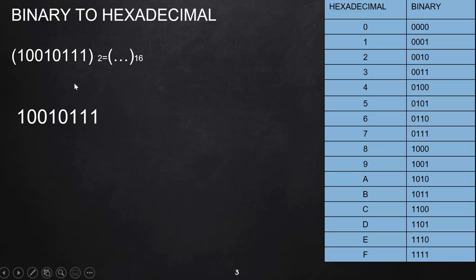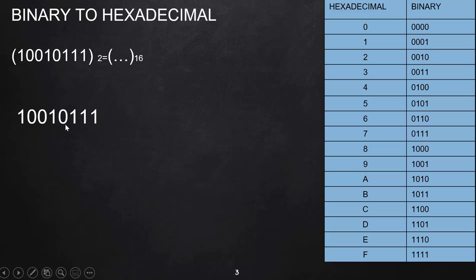Okay. So the first task is to group this number. In this particular case, for converting binary to hexadecimal system, in each group we need 4 bits. Because each of these hexadecimal numbers is mapped with a binary equivalent that is represented using 4 bits.